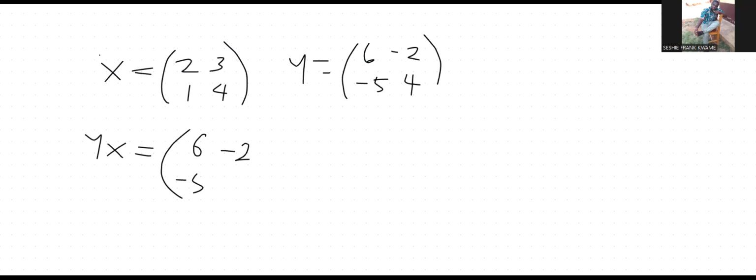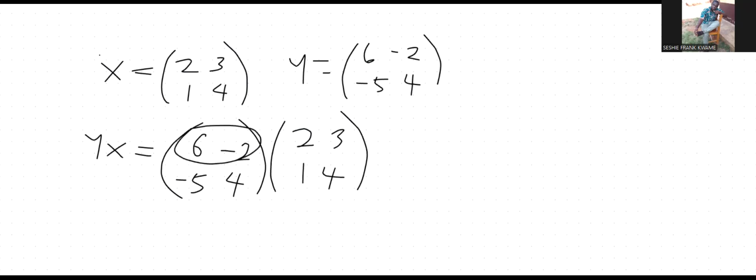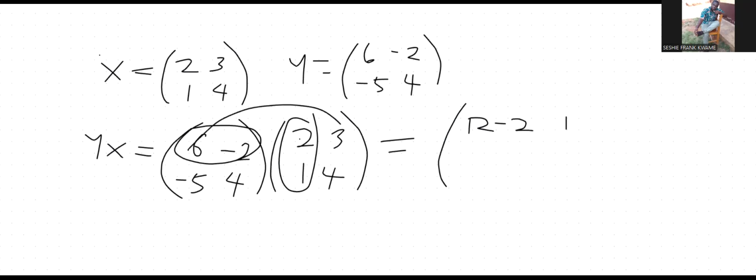And X follows: 2, 3, 1, 4. So if you are multiplying, you take the horizontal times the vertical of the other one. So 6 times 2, 12, plus -2 times 1, which is -2. Then you go to the other side, 6 times 3, 18, plus -2 times 4, -8.